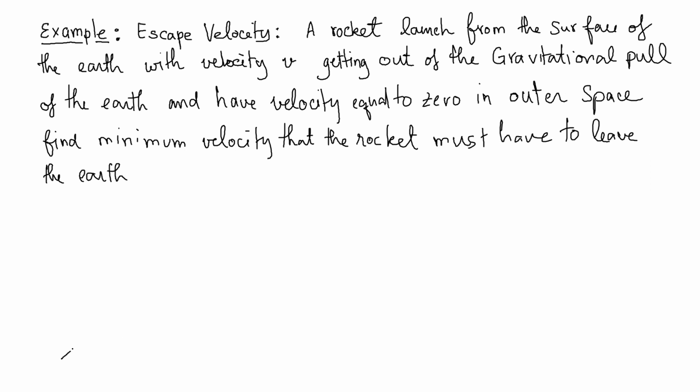So here's the problem. On the surface of the Earth, you have a rocket that's going out with some velocity, suppose it is v0. And then it's going out into space.